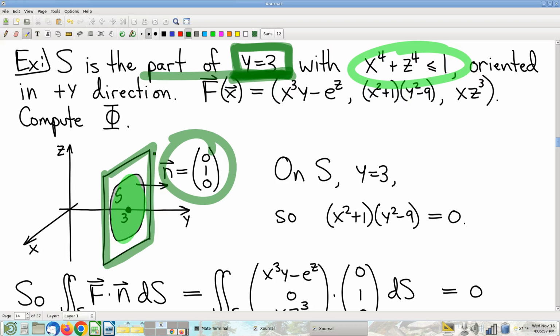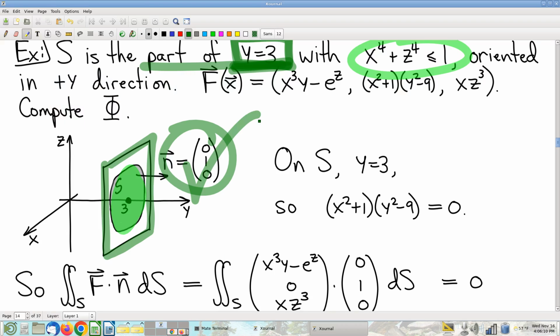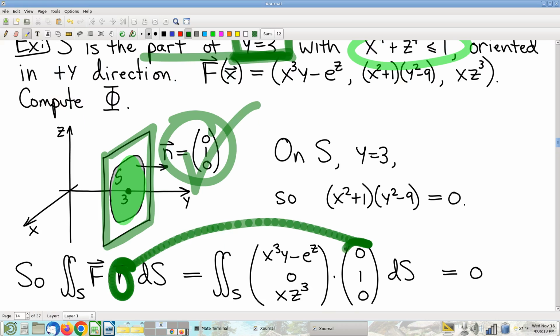Now, how do I know it's not 0, negative 1, 0? Because it says it's in the positive y direction. Right? So, I instantly know what the normal vector is. That allows me to write down this right there. And that simplifies things quite a bit.